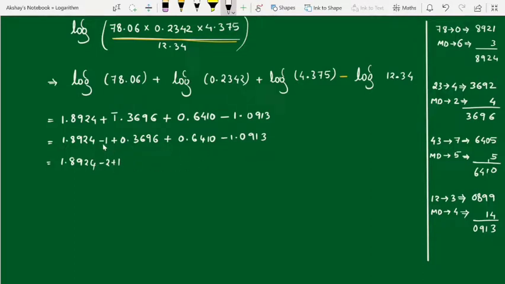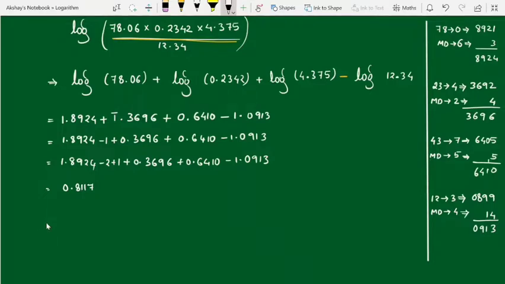So minus 2 plus 1 gives us minus 1, so there is no change, but according to rules this procedure should be followed. So plus 0.3696 plus 0.6410 minus 1.0913. If you solve this out you are going to get 0.8117. Check it correctly.